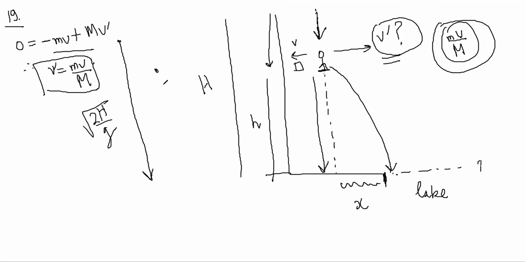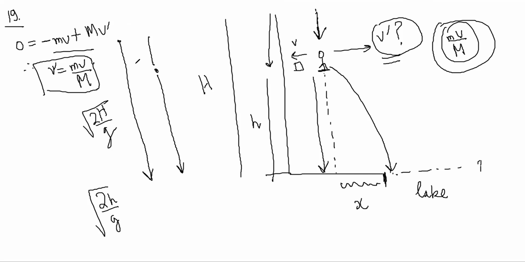And if he started falling from here to here, what would have been the total time? That would have been root 2 small h by g, right? So this time is the difference of that.